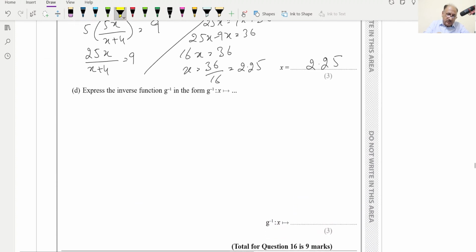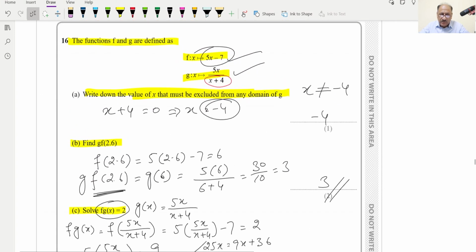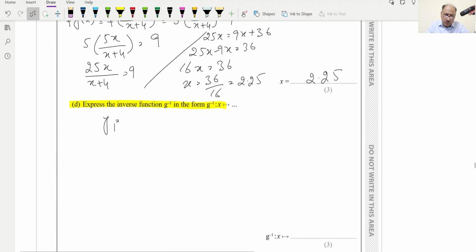Now question D part, same question. D part, express the inverse function g inverse in the form g inverse of this one. So why we have given, basically function g is 5x over x plus 4, so y equals 5x over x plus 4, and now we have to make x as subject, so cross multiply, xy plus 4y is equal to 5x.